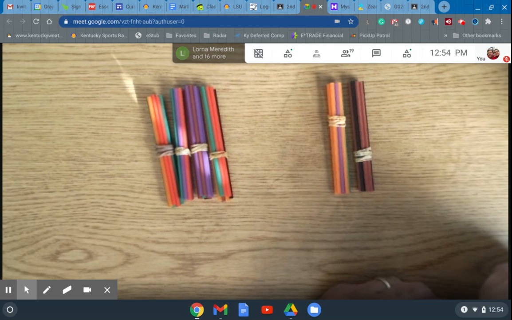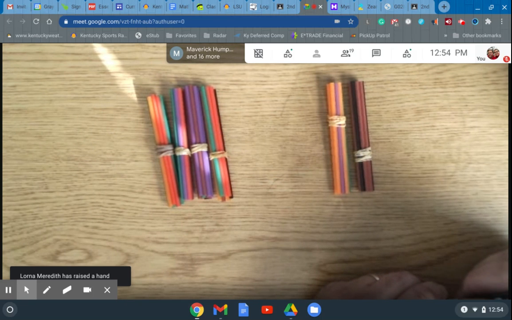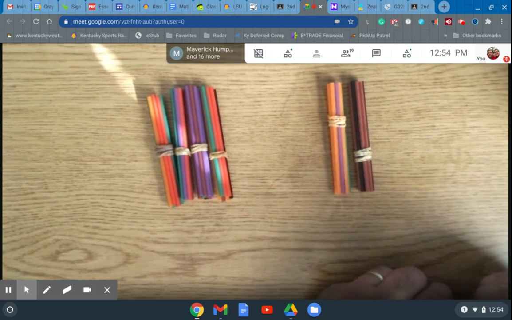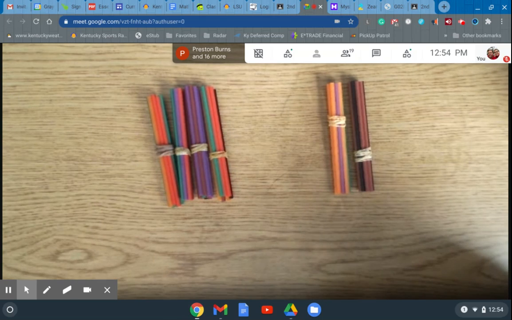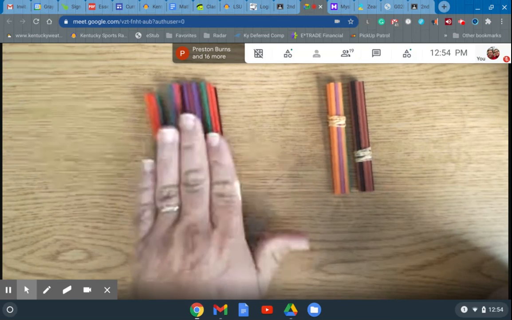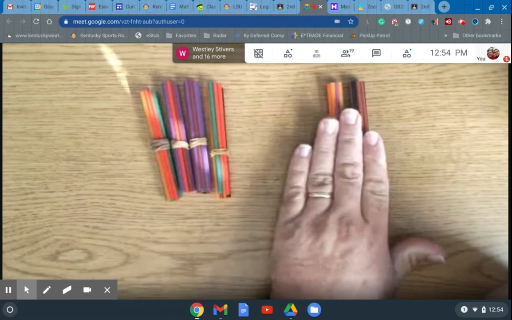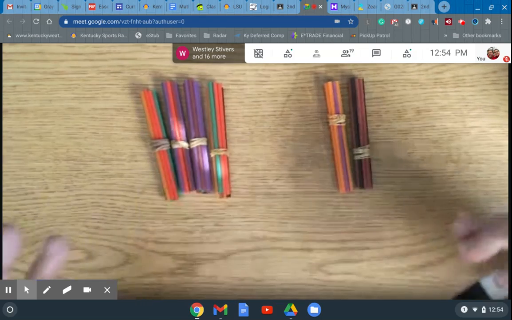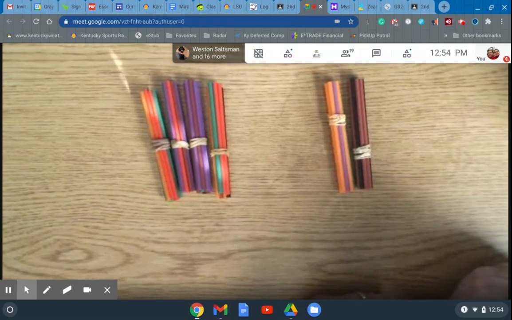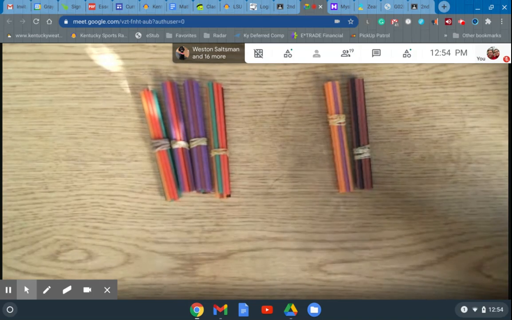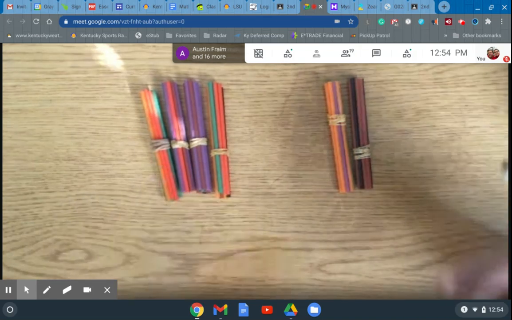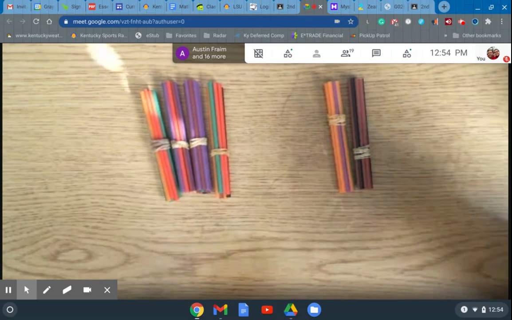Lorna. I can hear you, Lorna. What's it going to look like? I've got 40 here, and I added 2 more tens. So when I put them together, what's it going to look like? 60. Well, it's going to be a total of 60, but how many tens are there going to be?